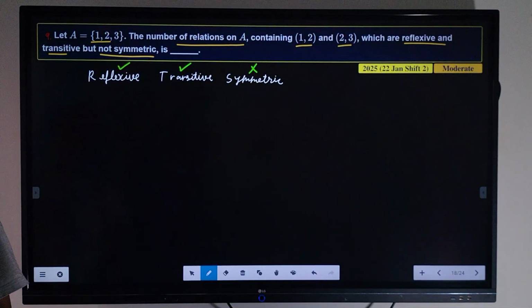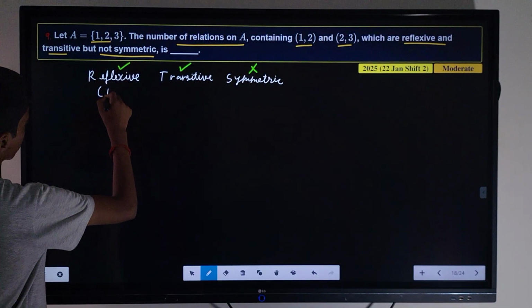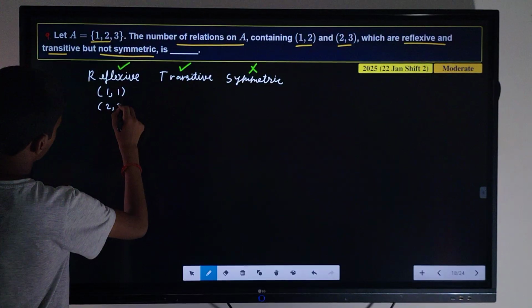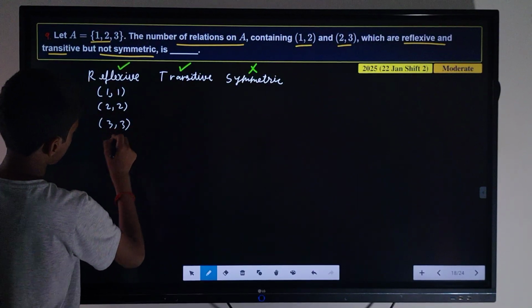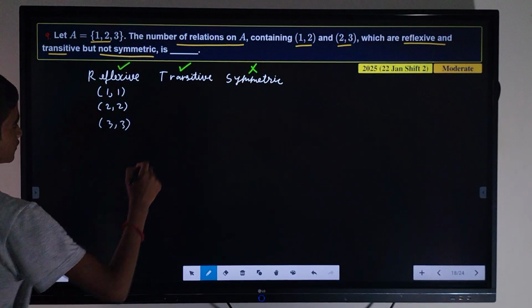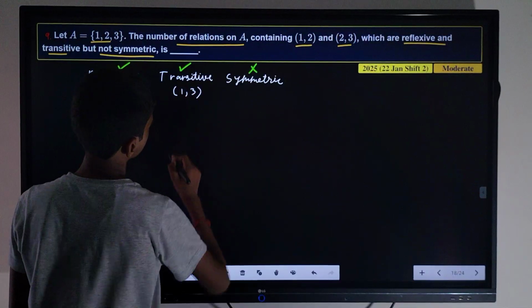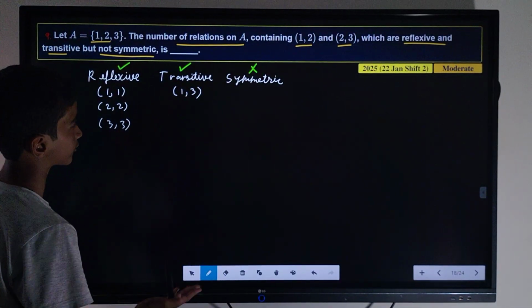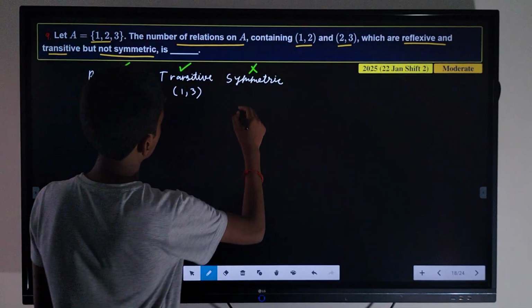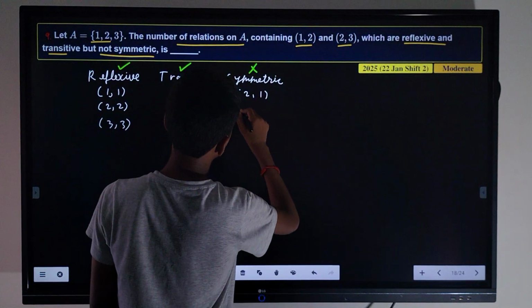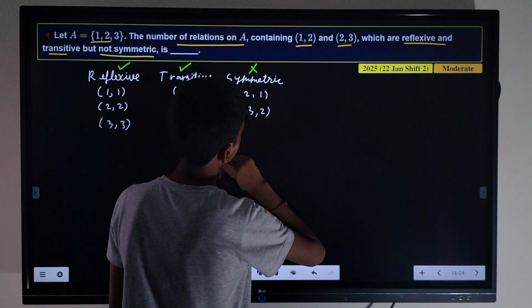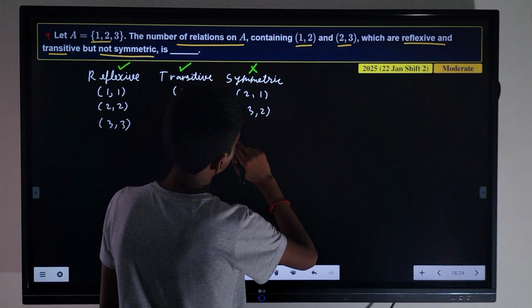So for it to be reflexive, we need to add 1, 1, 2, 2, 3, 3. For transitive, we need to add 1, 3. And for symmetric, we need to add 2, 1, 3, 2, and 3, 1.